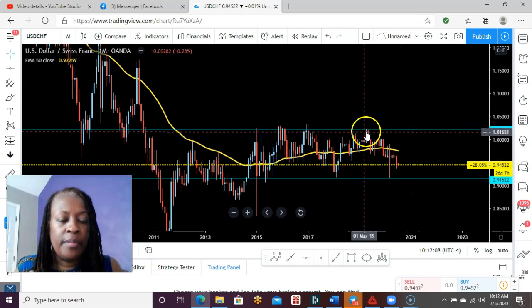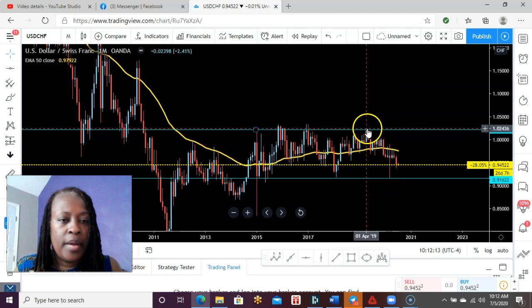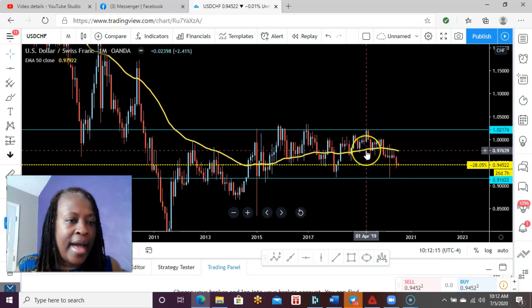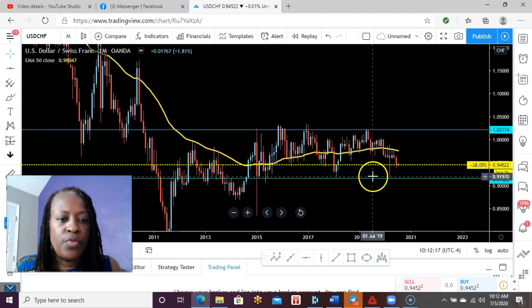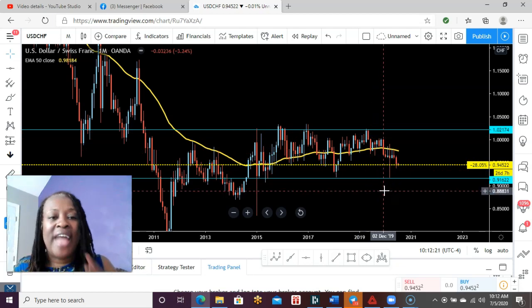From this period to this period, we had a high as high as 02174, and it went as low as 91622. That is the range of price that we are looking to work within, relative to current price.